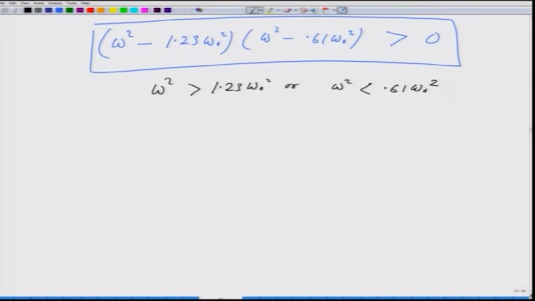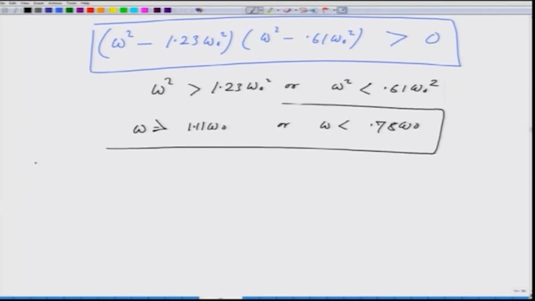Finally, it comes out to be that omega is either greater than 1.11 omega 0, or omega is less than 0.78 omega 0. You can put in the numbers and get your answers. The final problem, problem number 4, this is the answer. So, final answer is omega is greater than 1.11 omega 0 or omega is less than 0.78 omega 0.